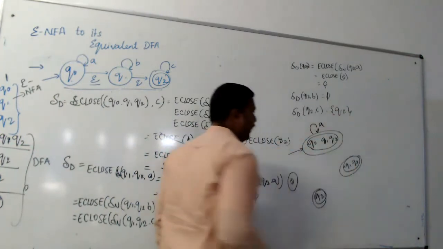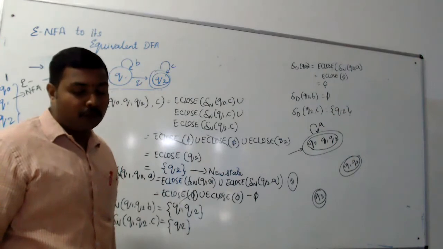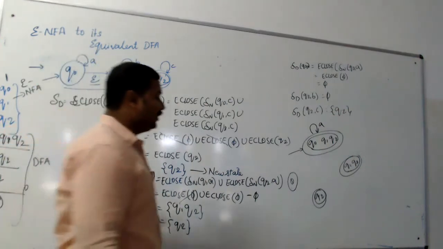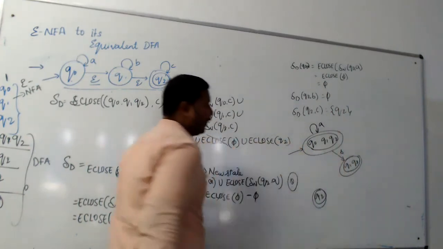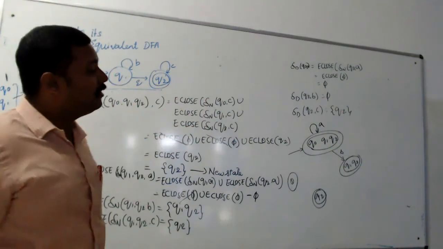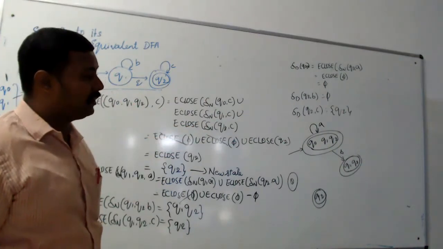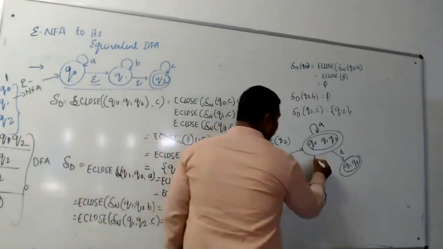So upon A I am having the same thing. Similarly, Q0, Q1, Q2 on B, I am getting Q1, Q2. So this is upon B. One more is there, C. On A and B we get Q0, Q1, Q2 itself; on C, we get Q2.